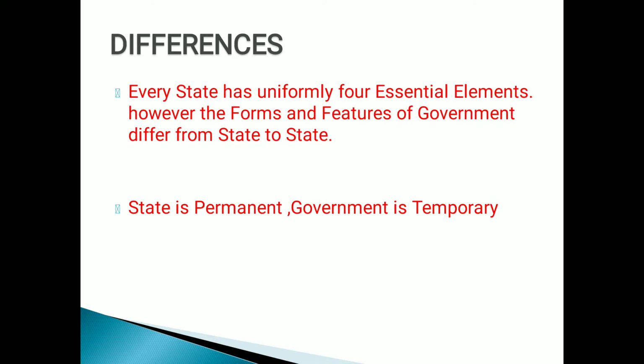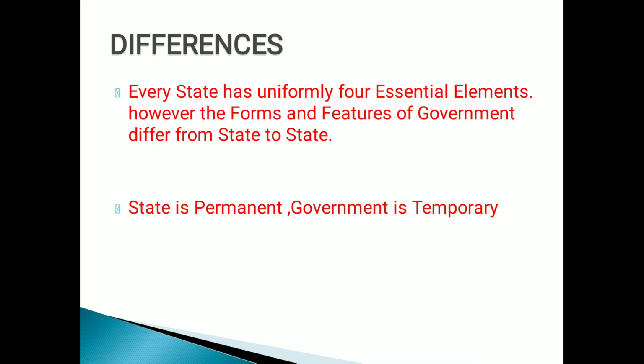Governments come and go regularly. After every election, a new government is formed. At any time, it can also undergo a total change through an electoral verdict or even through a revolution. A state is permanent, it continuously lives so long as it enjoys sovereignty. Independent India continues to live as a sovereign independent state since '47. However, she has witnessed the rise and fall of several governments.